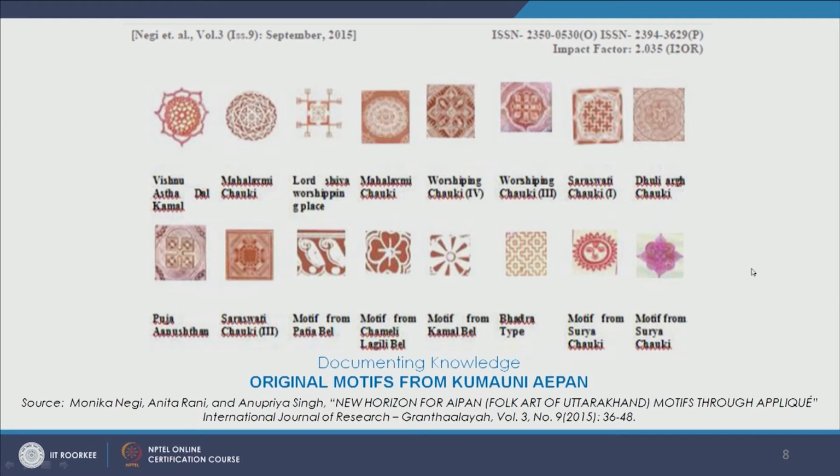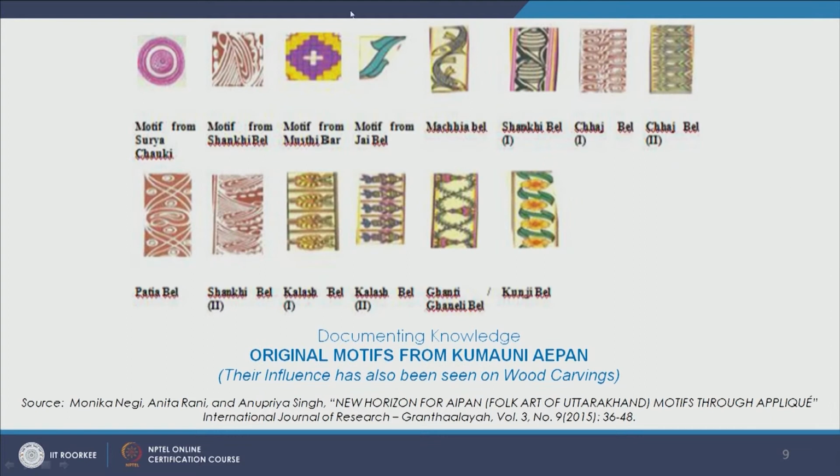This was a very interesting slide that we had, where we tried to understand the very original motifs of this Apan art, studying these original motifs, different kinds of motifs, geometrical, floral, and then religious like Vishnu Chauki, Swastik Chauki, and different kinds of flowers and vines that we see in nature.